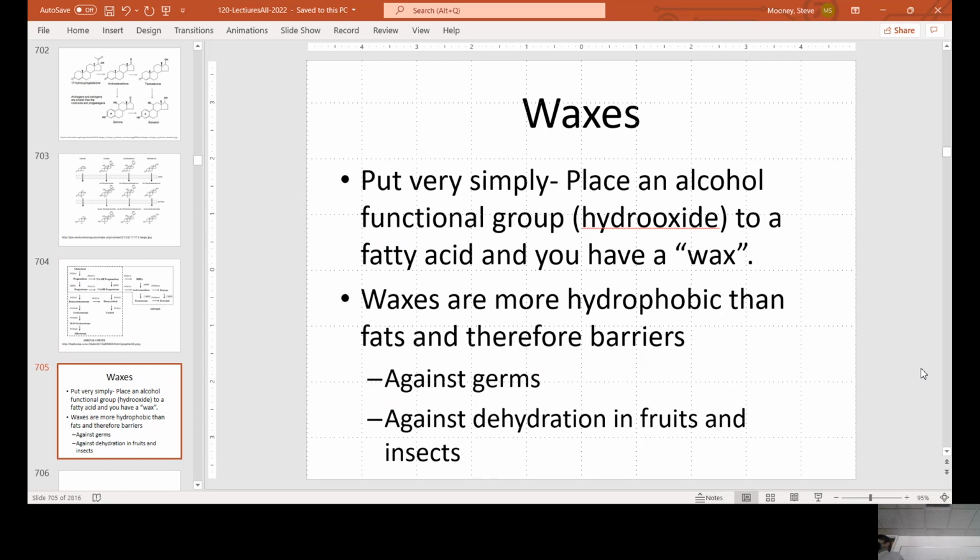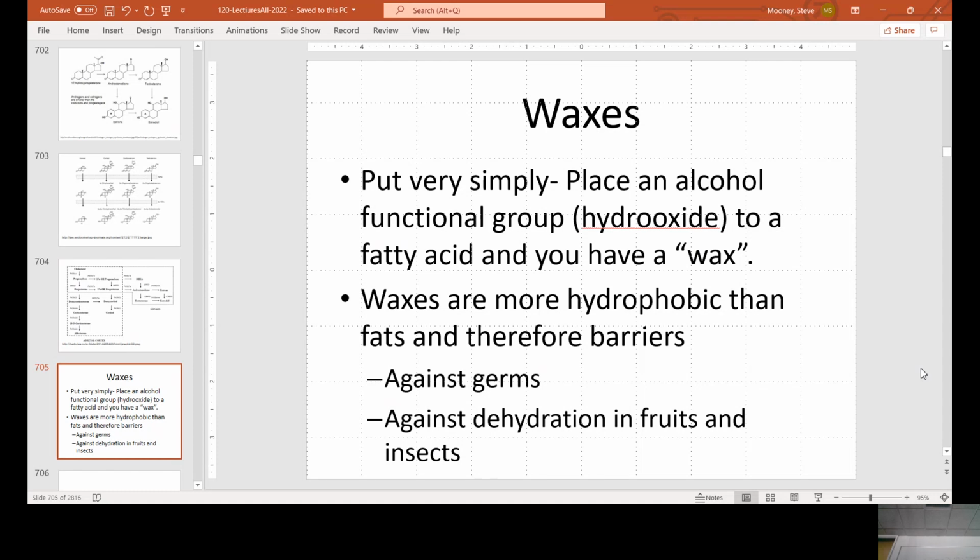So waxes, for whatever reason, are more hydrophobic than fats, and they make good barriers. They're going to form a barrier that's going to slow down germs from getting through the skin.